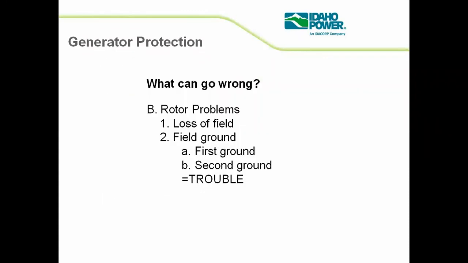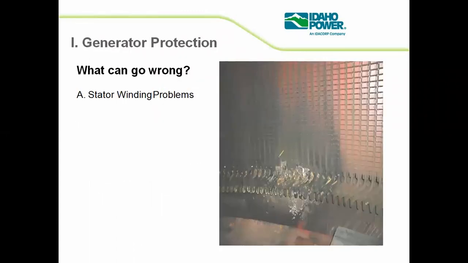So, a quick recap: in the case of a generator, there are generally two types of faults, the stator fault and the rotor fault. With a stator fault, your stator winding gets damaged, and we have to protect the generator against stator fault, and also against rotor fault.